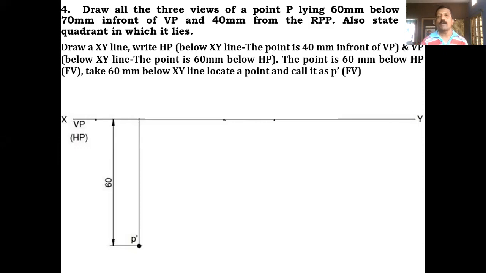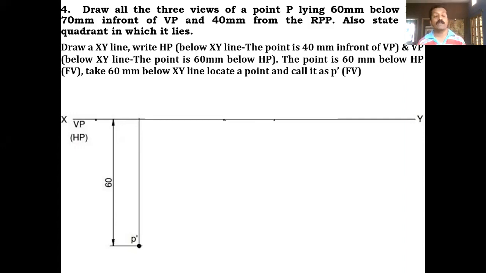After reading the question in the projection of points chapter, you should be in a position to come to a conclusion about where the point is located, whether in the first, second, third, or fourth quadrant. From this information, I can conclude that it is in the fourth quadrant.